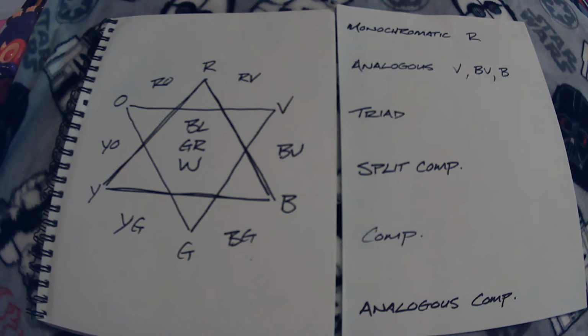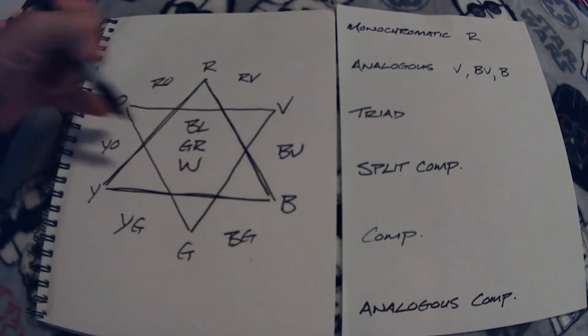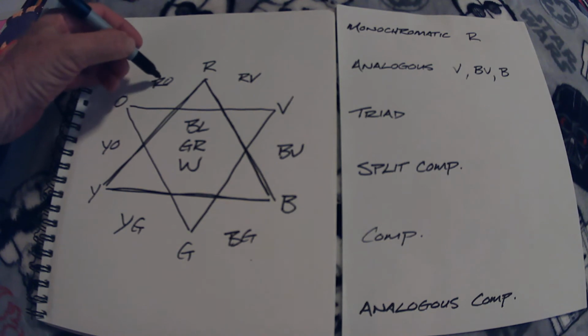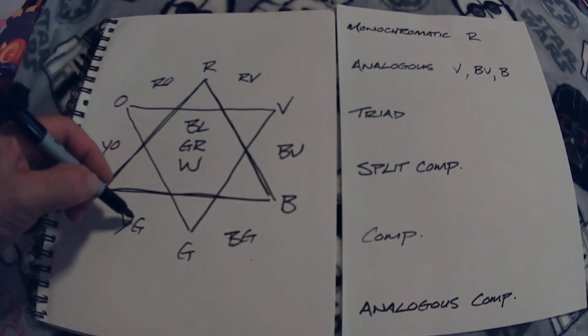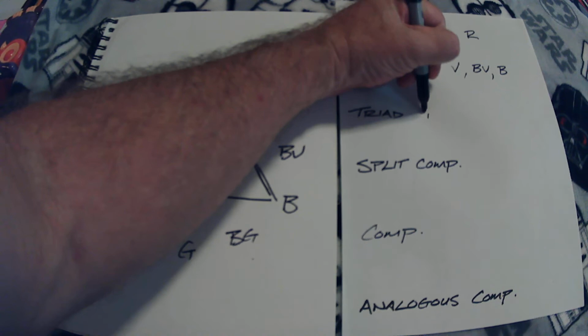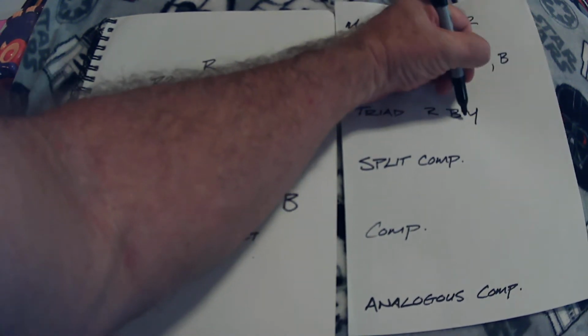There are two more triads on the color wheel, and that would be red-violet, blue-green, and yellow-orange. And the other one would be red-orange, yellow-green, and blue-violet. So you just pick one of those. And just for demonstration purposes, let's go with the red, blue, and yellow.